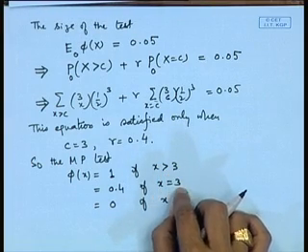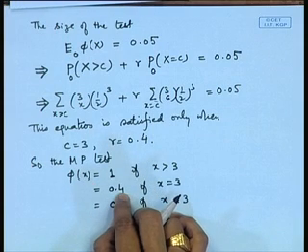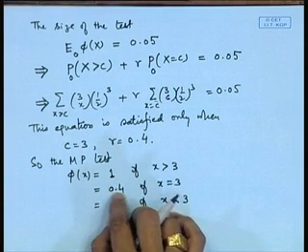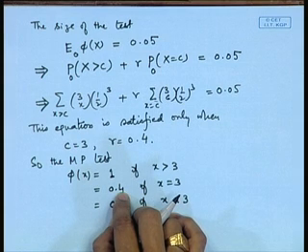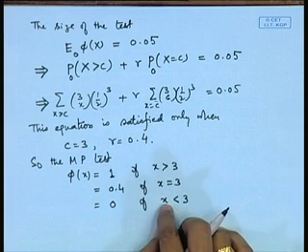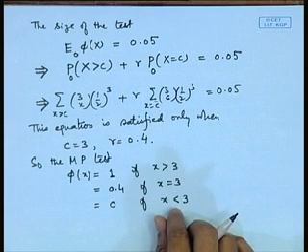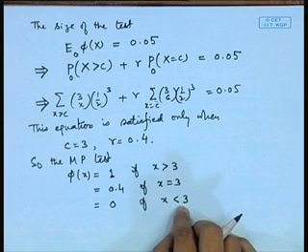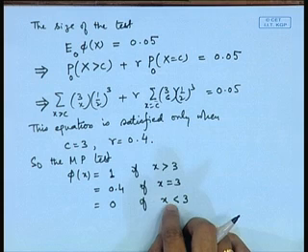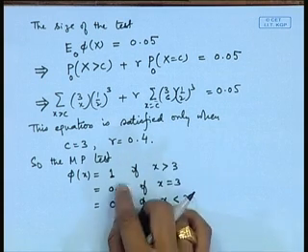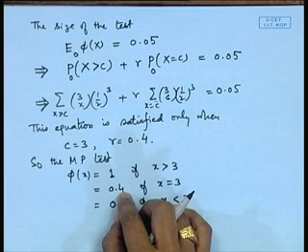Even if x is equal to 3, we are only partially agreeing, that means we are rejecting only with probability 0.4. That means the test is heavily biased in favor of H0 here, because x is equal to 0, 1, 2, 3. So, you are having the rejection only for x equal to 3, and that too with probability 0.4 here.